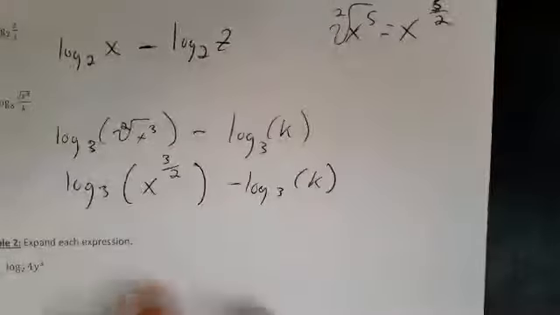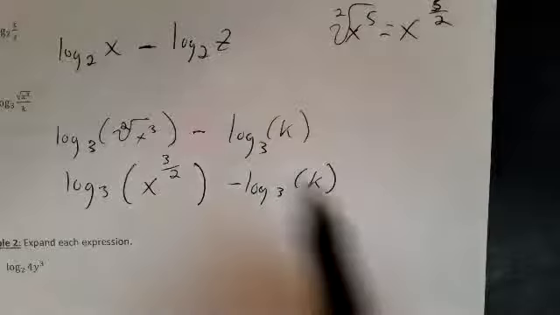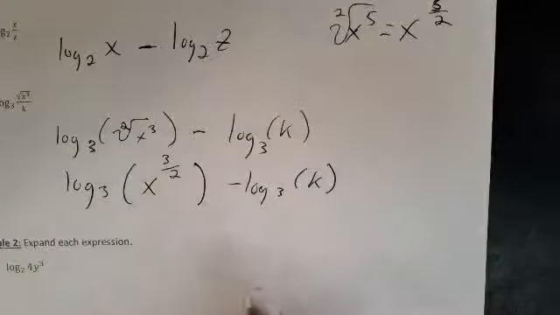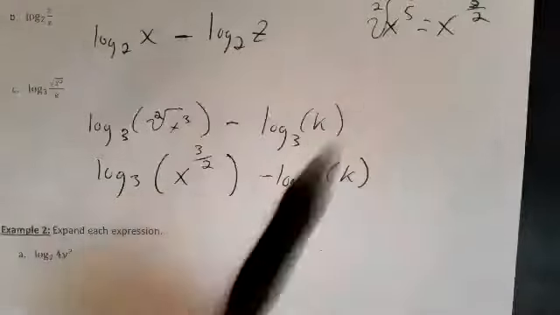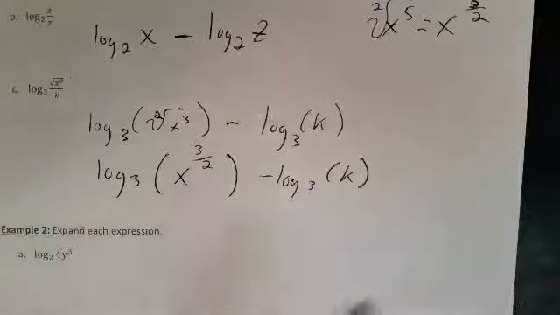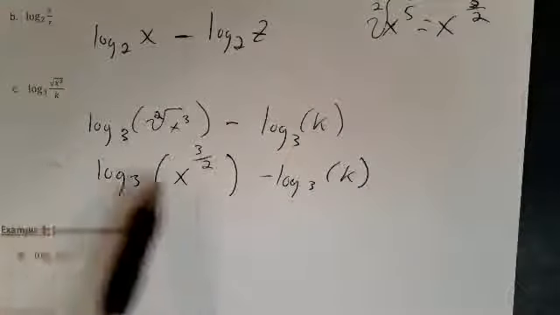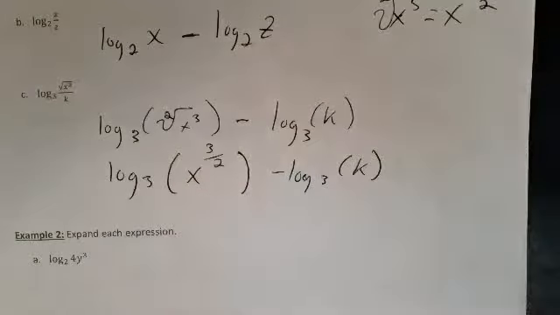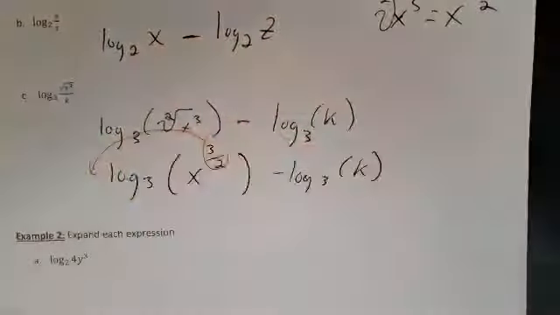And I'm expanding this thing. Now if we look at rule number 4, I want to have all logs. I don't want any multiplication or division, and I don't want any exponents. This has an exponent, x to the 3/2. What I can do with this exponent is bring it down in front.